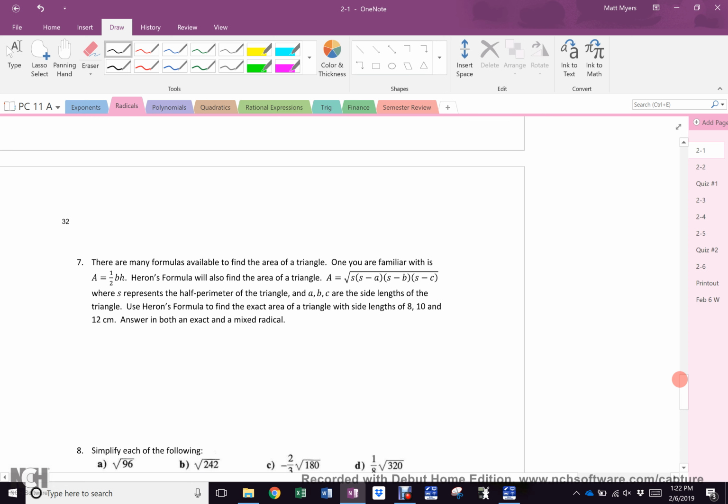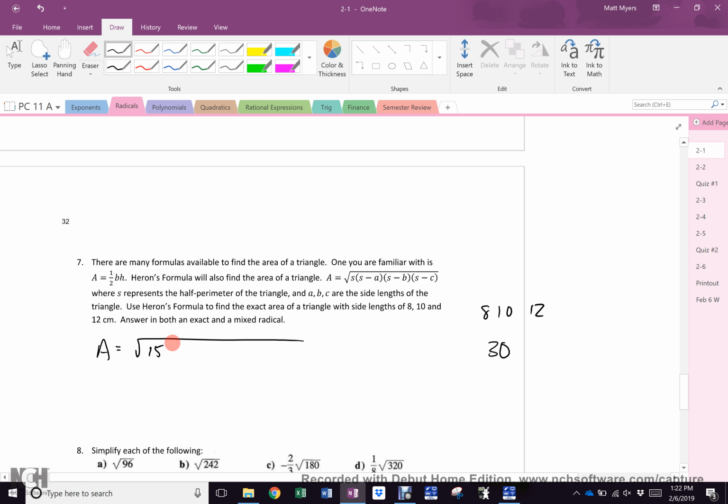Now, this question. I gave you all the answers. 8, 10, and 12. So, area was the square root of S, which is the half perimeter. Well, if the sides are 8, 10, and 12, then the perimeter is 30, right? What's half of that?